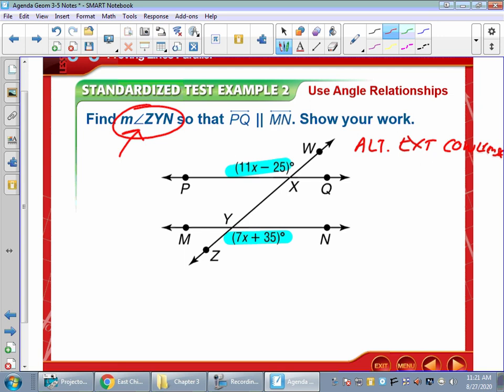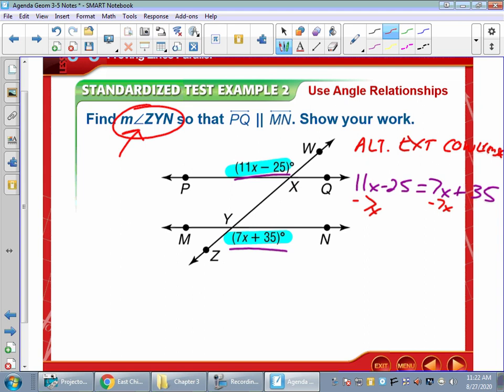So basically, I'm going to set these two angle measures equal to each other to make them congruent. So I'm going to say 11x minus 25 equals 7x plus 35. Then I'm going to do the algebra to show what x has to be for those lines to be parallel. We're going to subtract 7x from each side.